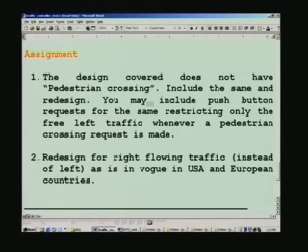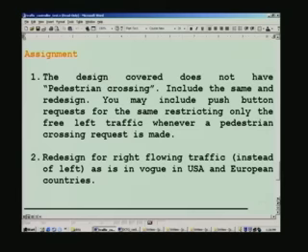So what we do is provide one more push button switch for each of the 4 corners, and then allow the pedestrian to cross based upon that. Whenever a pedestrian crossing push button is pressed, the corresponding free left traffic will be suspended for the time being, for the duration of the programmed time, and you have to add that in this assignment.